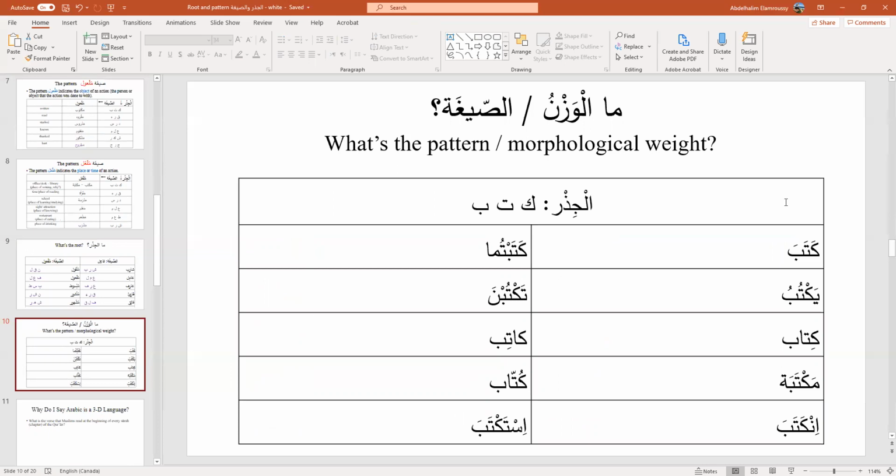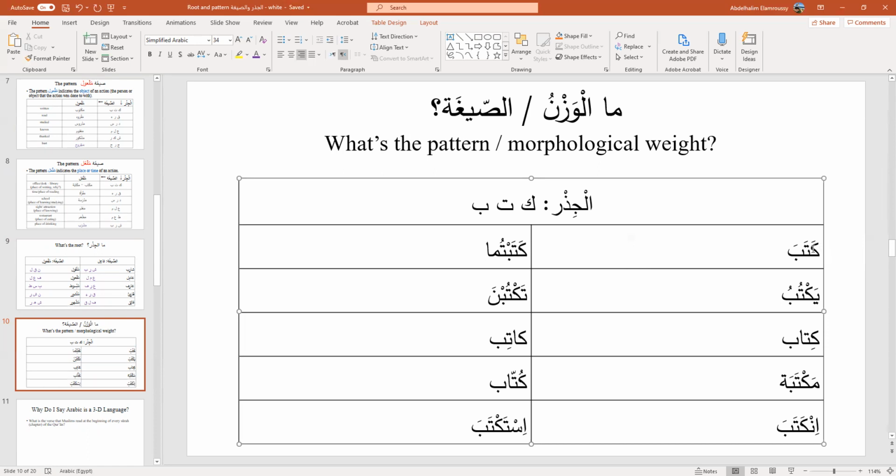They share the same root, and I'd like you to weigh each word morphologically. So all of these are sharing the root kaf, ta, ba. I'd like you to weigh each one of them morphologically. So kataba, okay, let me help you with how you will do it, and I'm sure most of you already know how to do it.